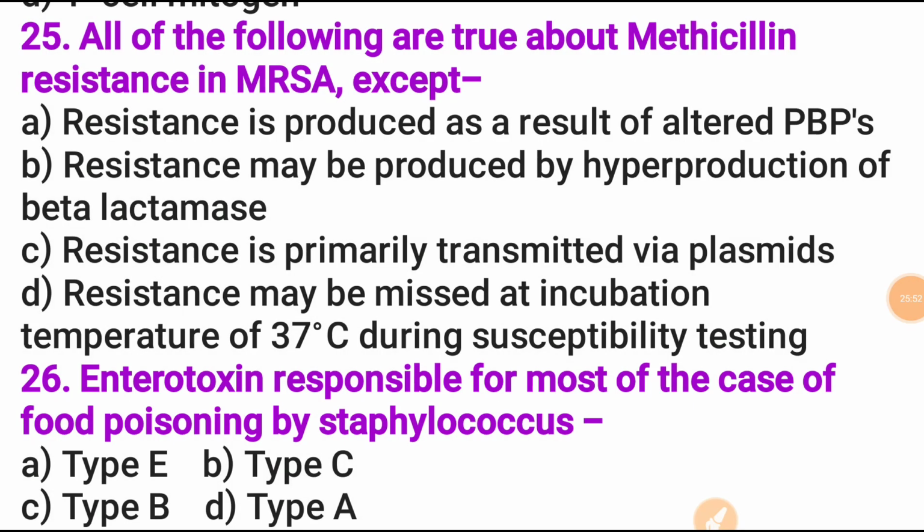The first option, resistance is produced as a result of altered penicillin binding protein, is right, true. And resistance may be produced by hyperproduction of beta lactamase is also true.